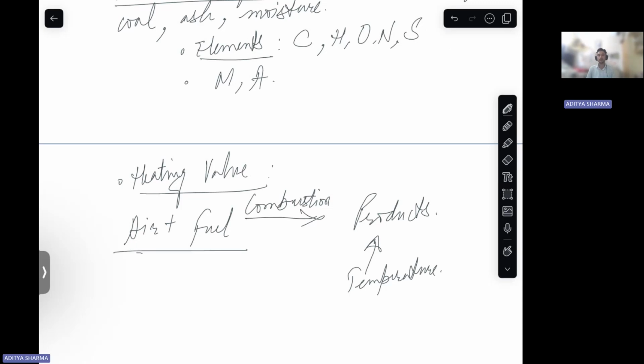Initially, air and fuel have some temperature. After combustion, products have some temperature, and related to this temperature, the products have some energy. When these products come to a lower temperature, that is related to the initial temperature of air and fuel, the heat that is released is the heating value basically of a fuel.